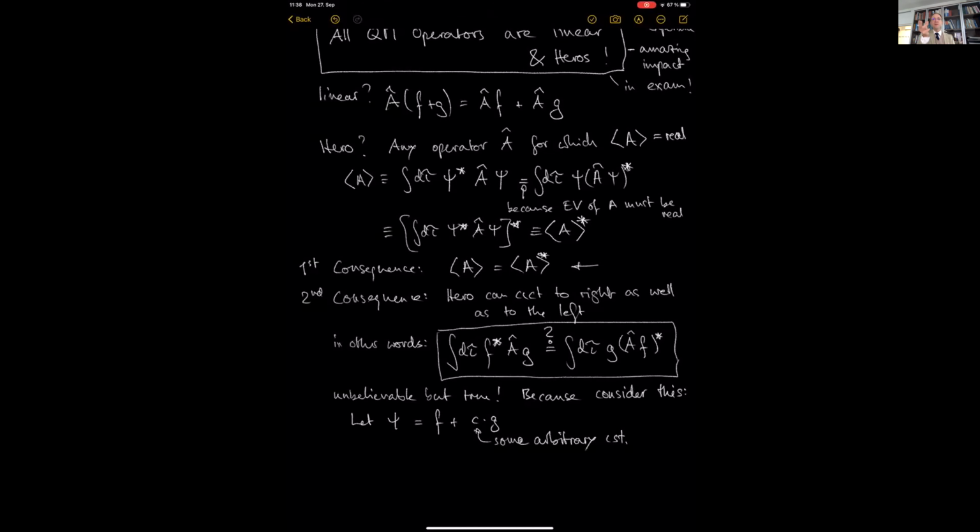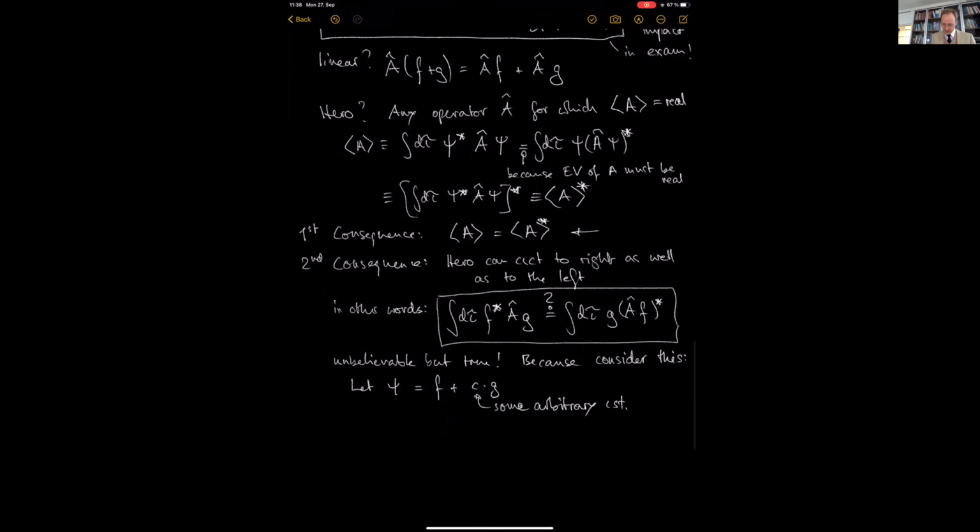So basically, we construct a linear combination of these functions f and g we just used, right? That's something we can do. Nothing in the statement prevents us from doing so. And now we'd like to consider the left-hand part and the right-hand part of this equation, okay?